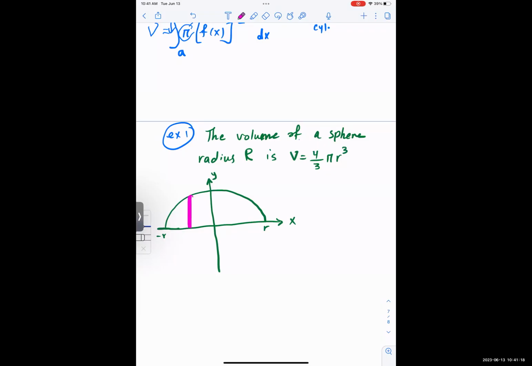So you would just graph, so you say, I'm revolving this. So you're going to graph this one outside. The thickness, or the height of the cylinder, comes from dx. So I'm going to put dx here. Now I want to put the radius. That comes from the y value that is corresponding to my half circle or semicircle.